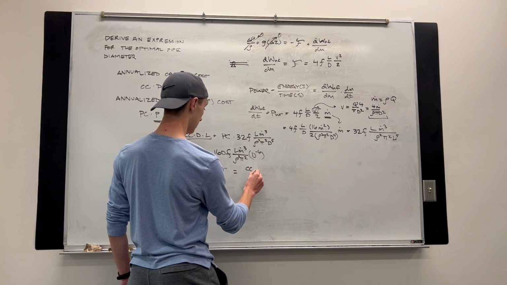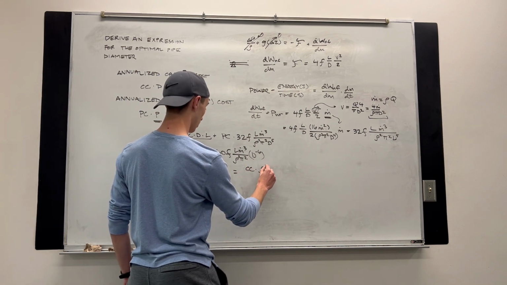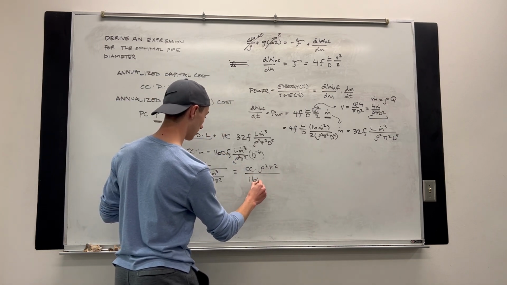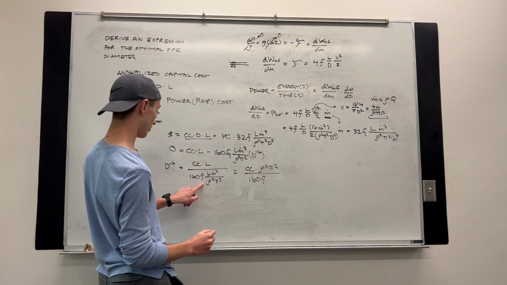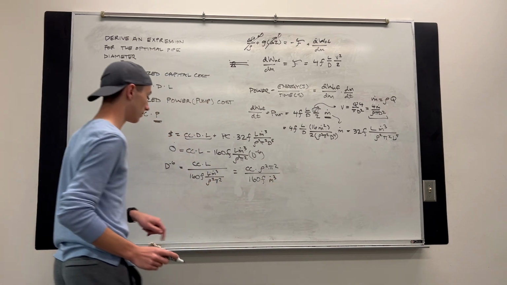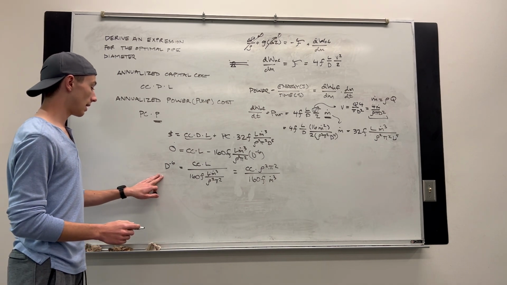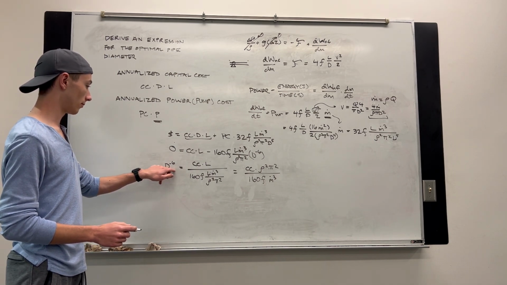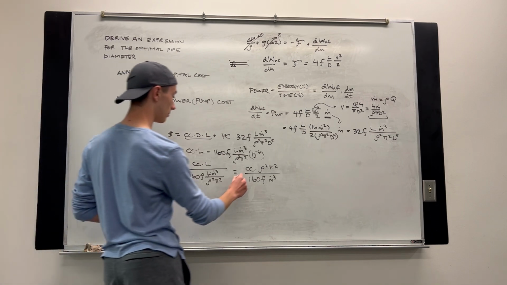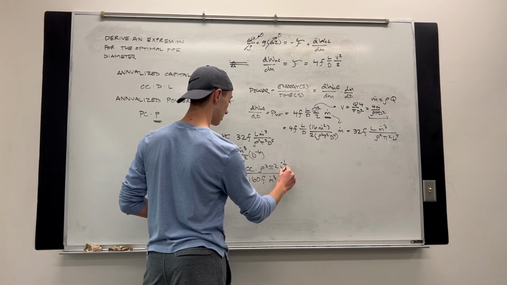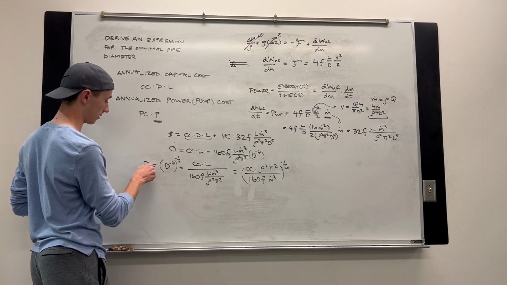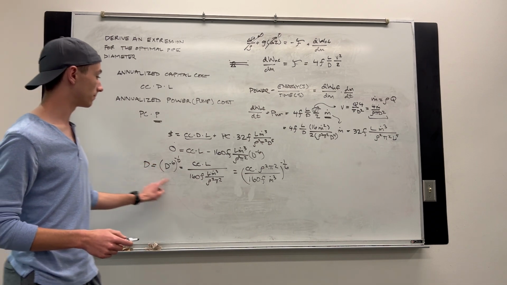We get cc times rho squared pi squared over 160 friction factor m dot cubed. Okay, and then obviously we want to get rid of this exponent, so we can put this to the power of negative 1/6, and these cancel out, right? This is just equal to d now. And that's our optimal pipe diameter.